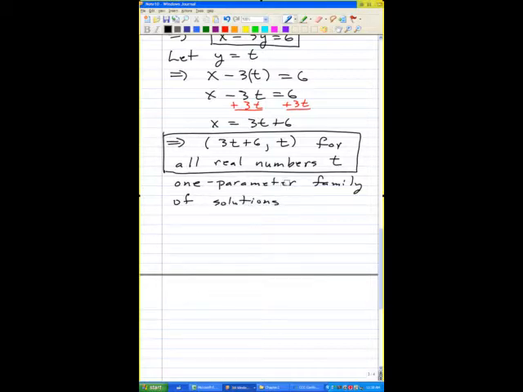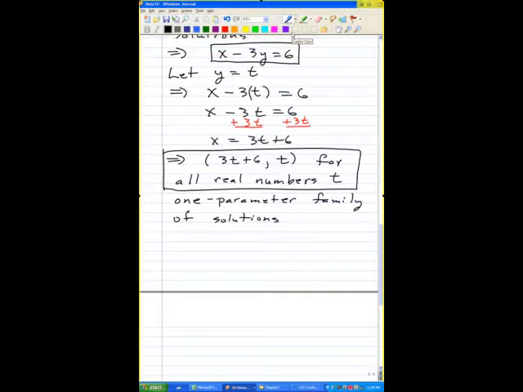So this is actually the preferred way of writing your solution to your system of equations as some sort of ordered pair. But again, you could have written it just as an equation.